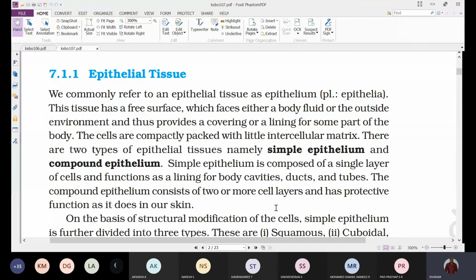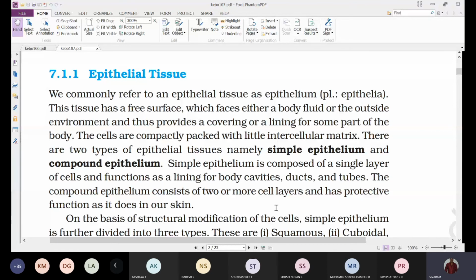For example, the digestive system, the blood vessels, the urinogenital ducts, the mouth. These are tubular structures in which some fluid moves. In blood vessels, the blood will move.